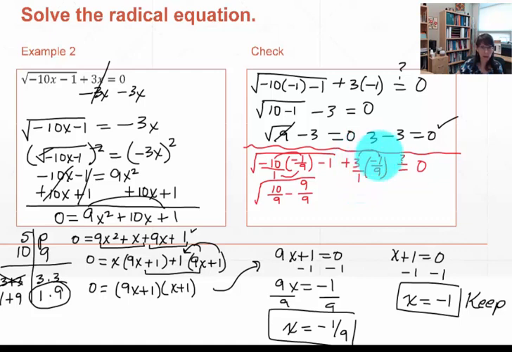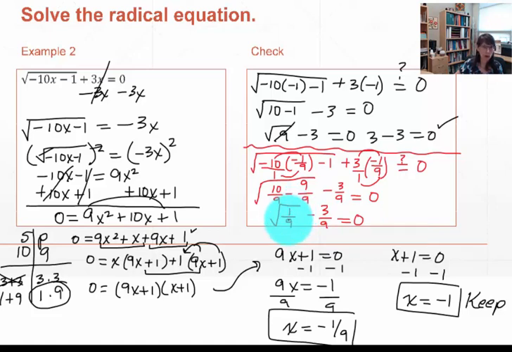So multiplying numerators, we have negative 3. Denominators, we have 9. So we are subtracting 3/9. And then we need to see if it really equals 0. So back under the radical, 10/9 minus 9/9, that would be the square root of 1/9. Then subtract 3/9. See if that equals 0.